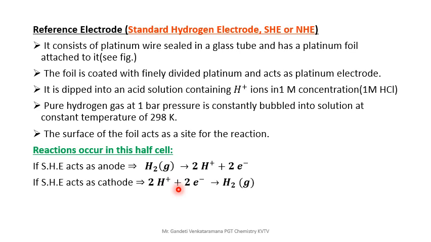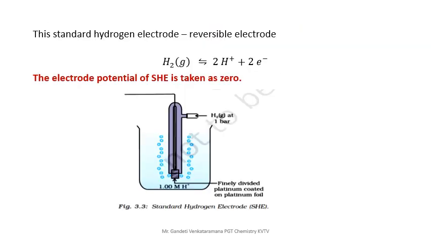It is very clear. By mistake, if you write these reactions in the wrong places in your exam, just check: at anode, is oxidation taking place or not? At cathode, is reduction taking place or not? Just cross check, you will get the answer. Clear? This standard hydrogen electrode is a reversible electrode.